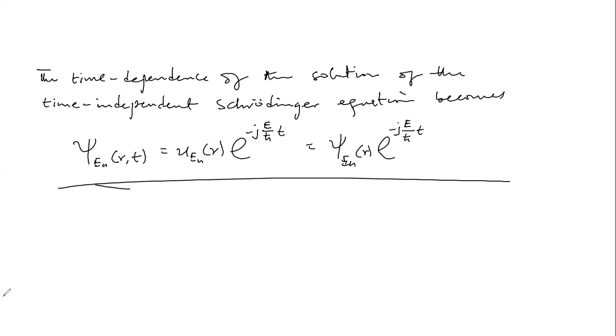When t is 0, this particular system is in a particular eigenstate u_En of the Hamiltonian, corresponding to the eigenvalue E_n. So this implies that the eigenstate of the Hamiltonian is referred to as a stationary state.